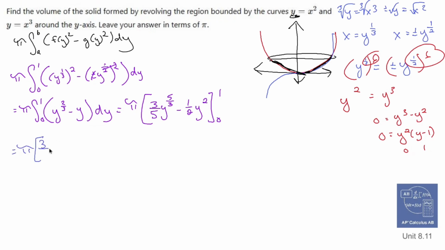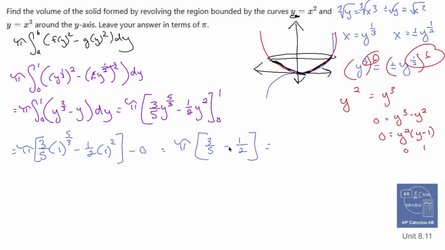Plug in 1, 3/5 times 1 to the 5/3, which is going to be 1, minus 1/2 times 1 squared, which is also going to be 1. If I plug in 0, you become 0. 0 minus 0 times pi is 0, so that makes life easy. You become pi times 1 times 3/5 is 3/5. 1 times 1/2 is 1/2.